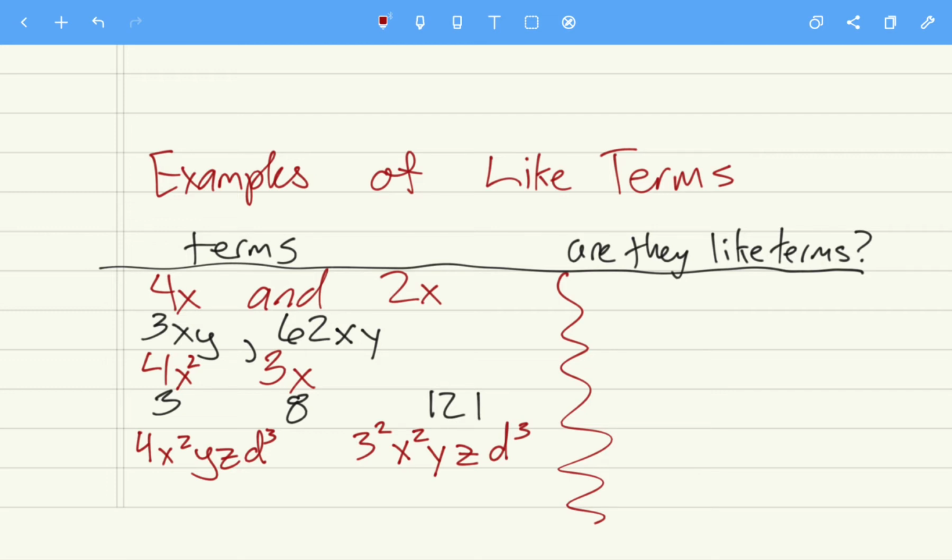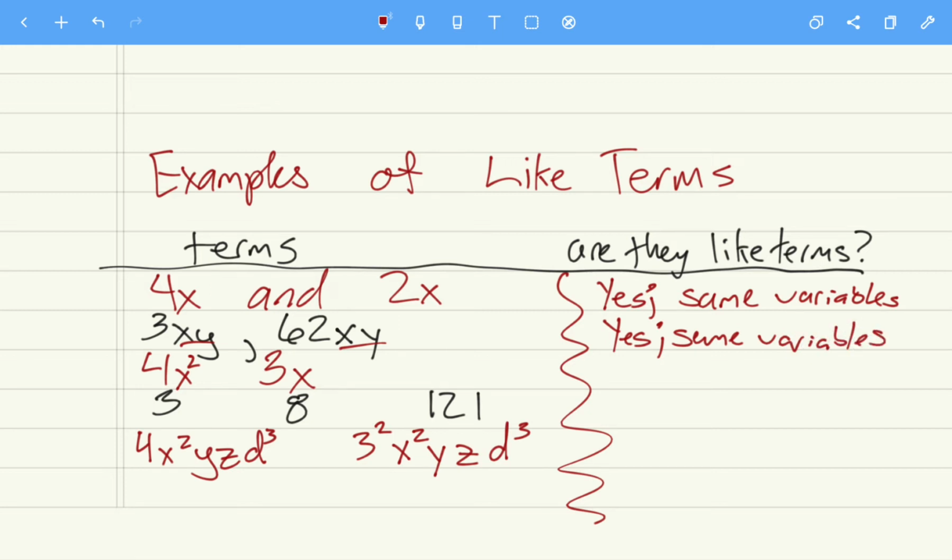So 4x and 2x. These are like terms because they have the same variable piece. Same with 3xy and 62xy. They do have more than one variable, but they are the same variables to the same power. Now this next one, we have 4x squared and 3x.